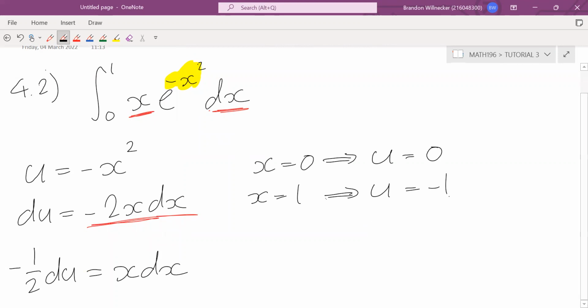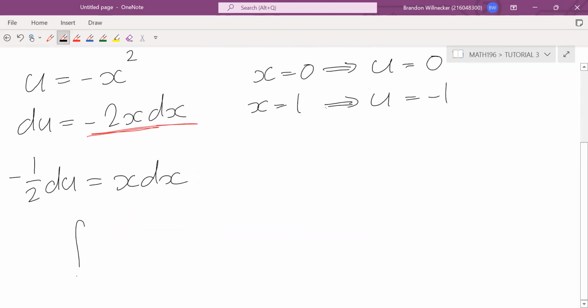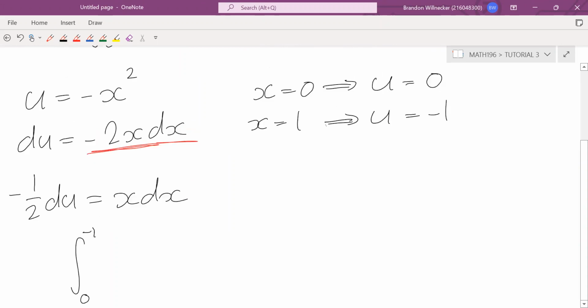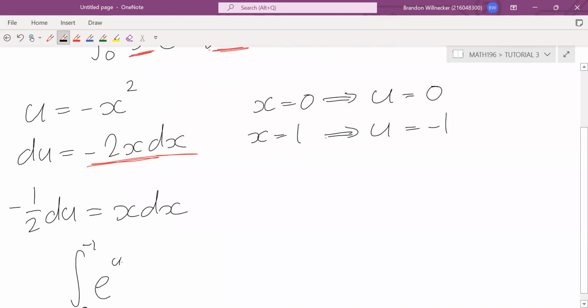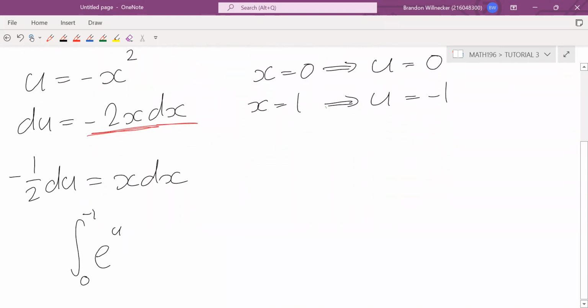So now we've got everything we need to write this integral in terms of u. This will be the integral from 0 to minus 1, the new lower bound and the new upper bound, of e to the u, and x dx is going to be minus 1/2 du.